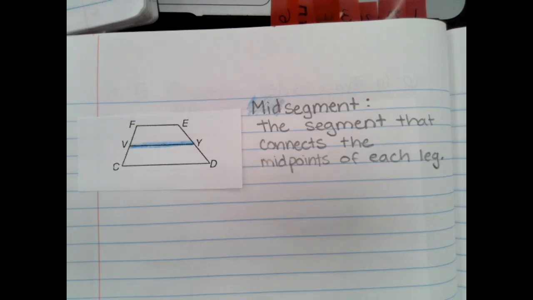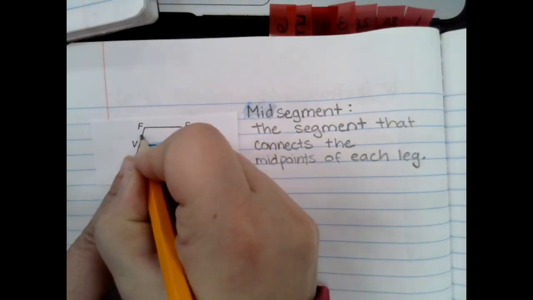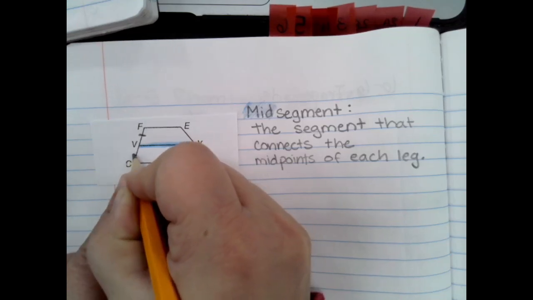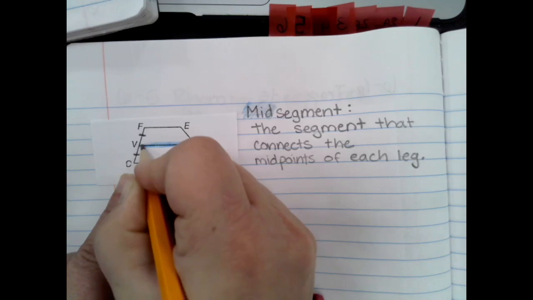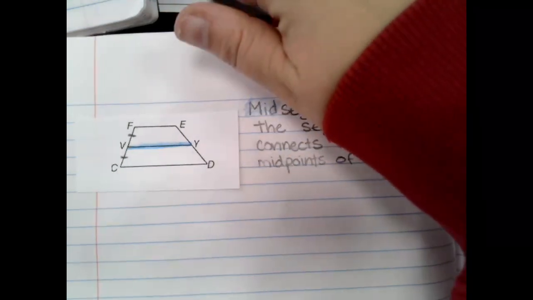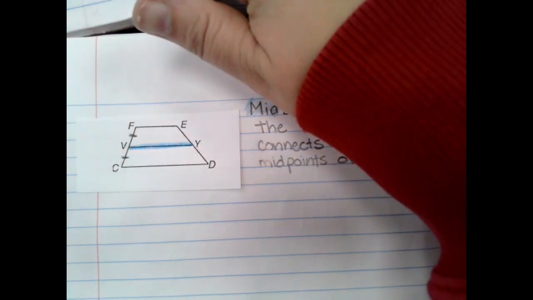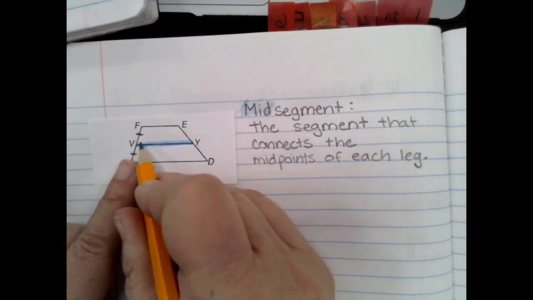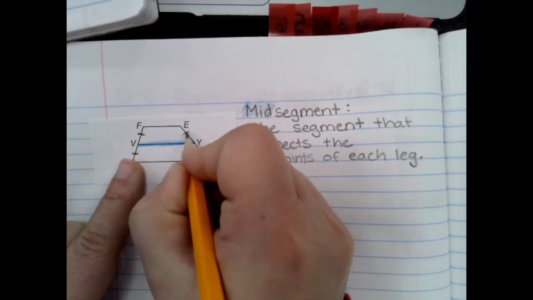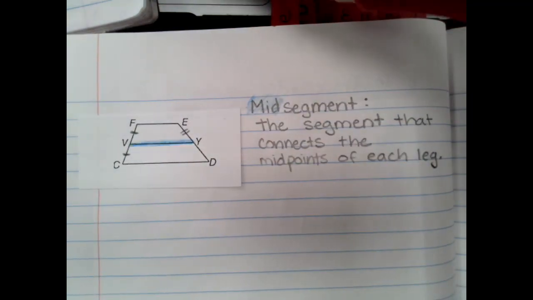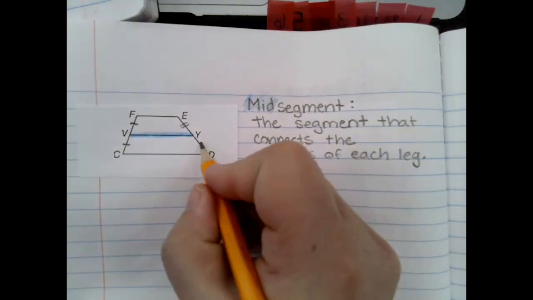So what that's telling me is in this diagram, V is a midpoint. So F to V would be the same as V to C, because V is a midpoint. So I'm going to do that little tick mark showing it's in the middle. And the same thing would happen on the other side. Y is another midpoint. But these aren't necessarily the same, so I'm going to do 2 tick marks here to show that E to Y would match Y to D.